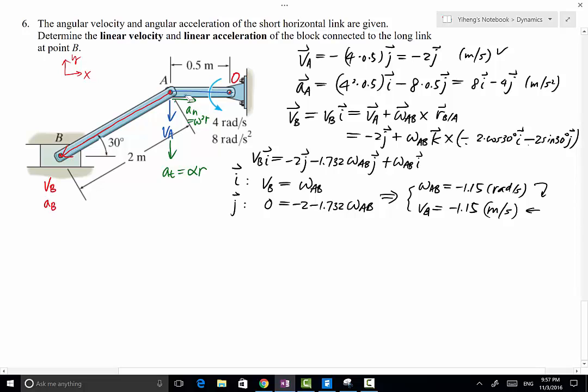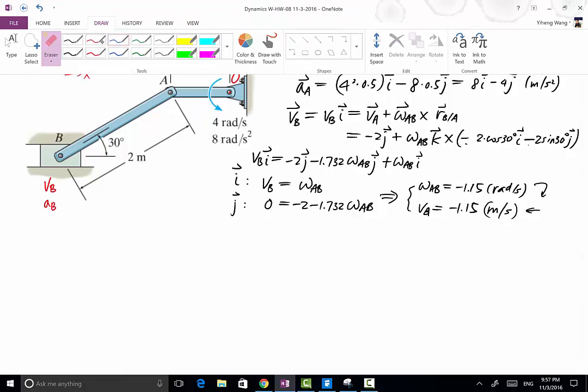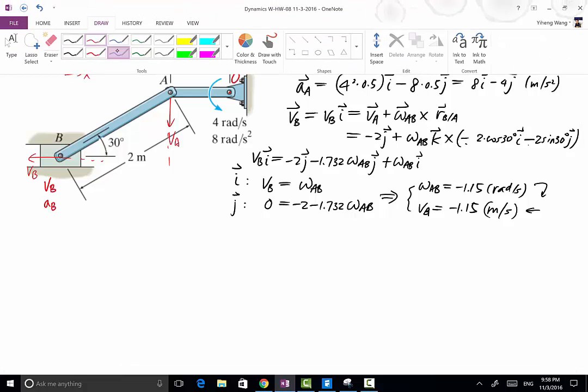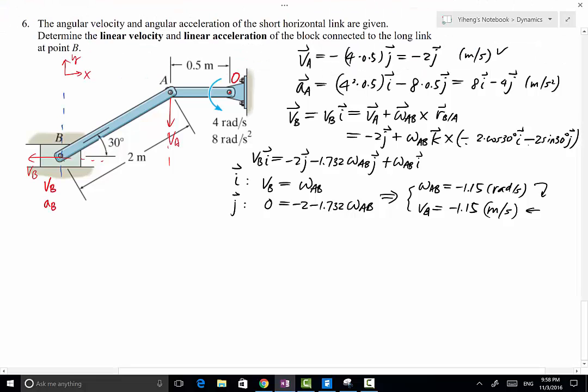At this point, again, I want to mention that if you know instantaneous center of zero velocity, you can solve this problem, at least this part, relatively easily, because we know the direction of linear velocity of point A, and we know the direction of linear velocity at point B. Therefore, if you extend these two lines and then you draw two other lines that are perpendicular to each one of them, where they intersect, this is the instantaneous center of zero velocity.